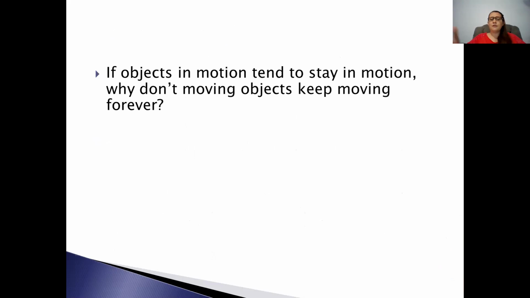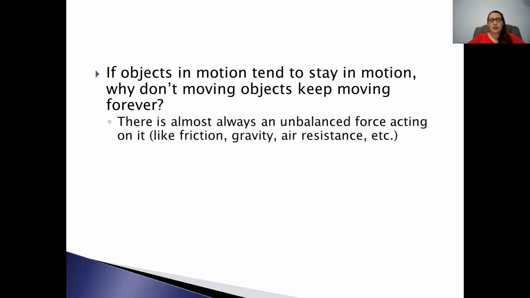So if objects in motion tend to stay in motion, why don't moving objects keep moving forever? That's the big question here. And really, that's because there's almost always an unbalanced force acting on the object. Friction, for example: if an object is sliding, then there's definitely friction between the object and the floor, which we'll talk about later on.